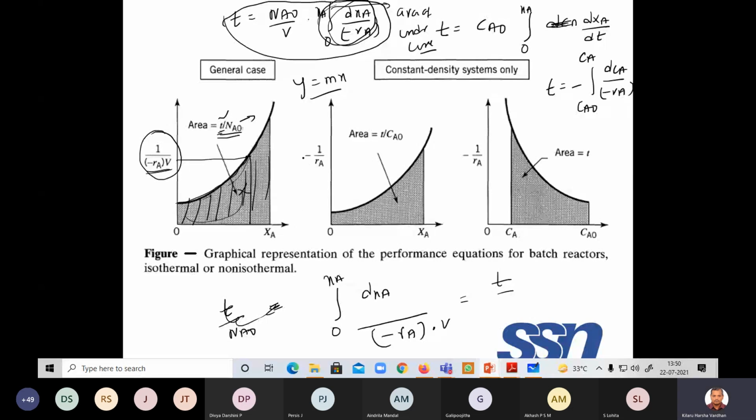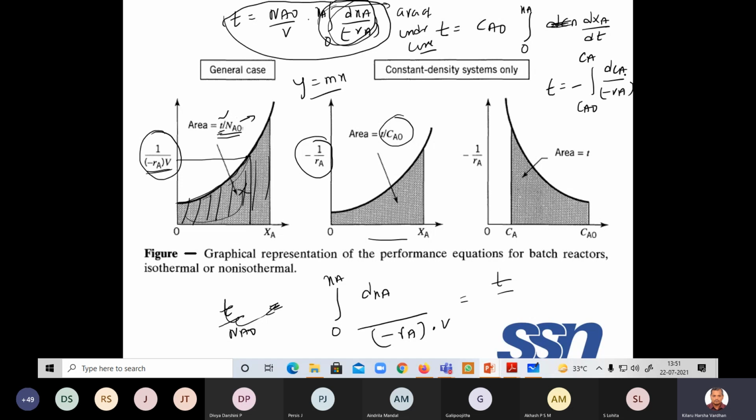You can do one more way, minus 1 by RA on the y-axis and XA on the x-axis. Again, the area under the curve will give you T by CA naught, because Na naught by V is nothing but CA naught. Either way you can find the time for whatever conversion you want.